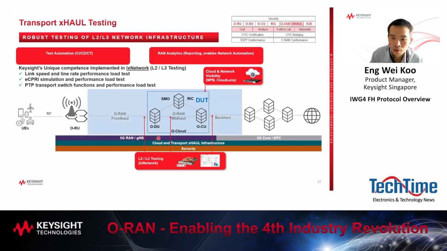And then the transport testing for all the layer 2, layer 3 testing using our IX network product to make sure that the link speed and line rate performances are tested. We do EC simulation and performance load testing as well, along with the PTP transport switch functions and performance load testing.